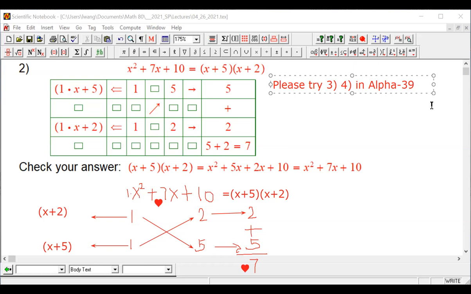No one wants to share? Come on, guys. It's your turn. I can share the screen if you need to, but usually I assume you guys are writing it down.